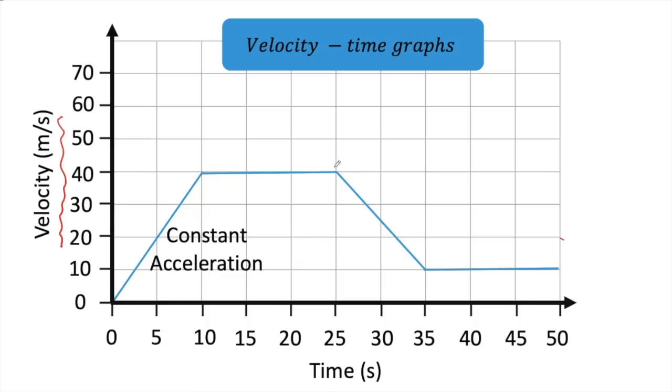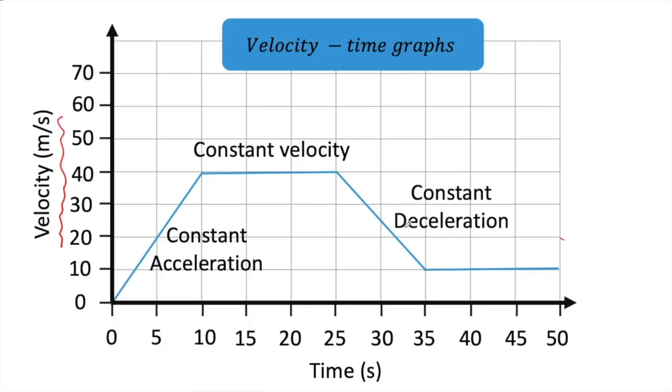A flat line here would show a constant velocity because it's not moving above 40 metres per second in this case. A straight line going downwards at an angle would show constant deceleration. And then here we've got another straight line at a different velocity, so that again shows another constant velocity.